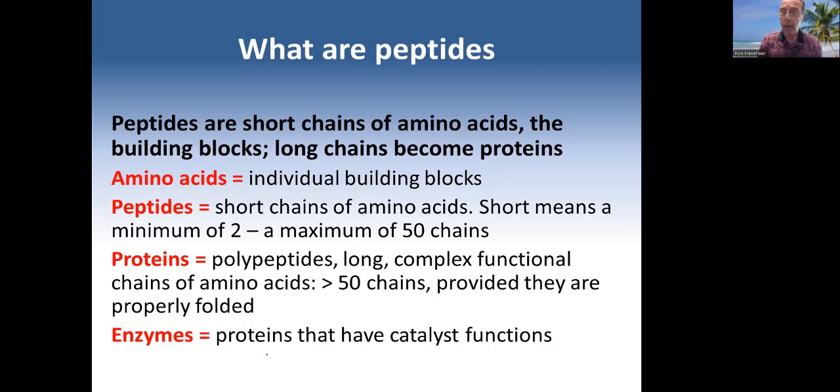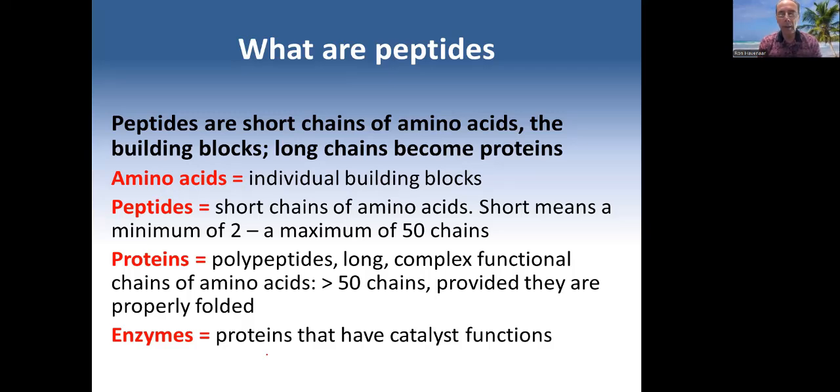What is then an enzyme? An enzyme is also a specific protein, but it has also a specific task. It has catalytic functions. What is a catalyst? A catalyst is something that promotes a chemical reaction, although it is not taken into the product itself.